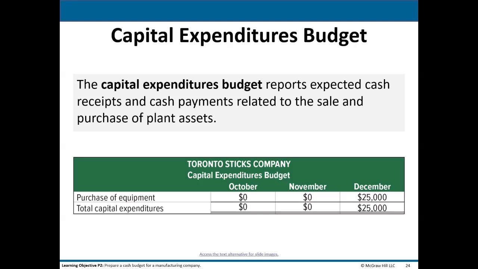The process of preparing operating budgets can reveal that the company requires more or less in plant assets. So this slide includes the capital expenditure budgets for TSC. TSC does not plan to dispose of any plant assets through the end of the year, but it does plan to buy equipment for $25,000 cash in December.